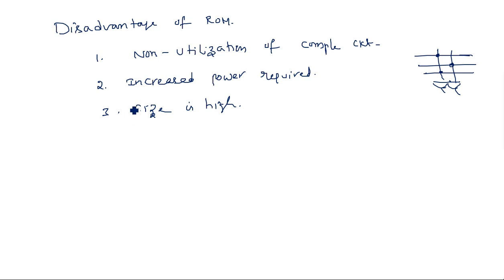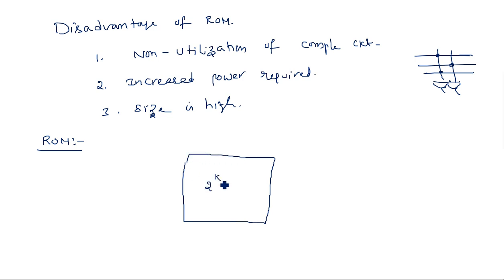Generally, what do we mean by the size of the ROM? Till now we have seen what a ROM is, how it is programmed, and what the advantages and disadvantages are. Now coming to the size of the ROM: ROM has a size of 2 power k by n.